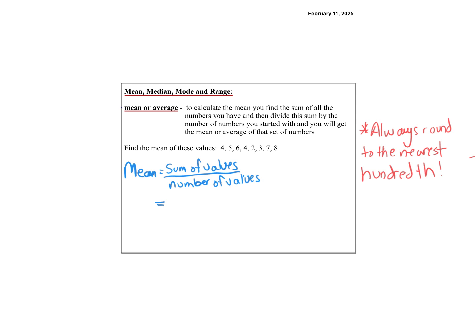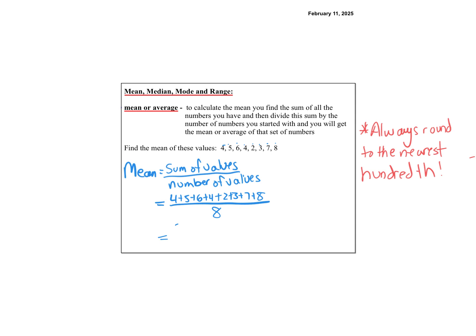And if we do that, we have 4 plus 5 plus 6 plus 4 plus 2 plus 3 plus 7 plus 8. And we are dividing that by, there are 1, 2, 3, 4, 5, 6, 7, 8 numbers. Okay. So we need to get that sum. So 4 plus 5 is 9, plus 6 is 15, plus 4 is 19, plus 2 is 21, plus 3 is 24, plus 7 is 31, plus 8 is 39.